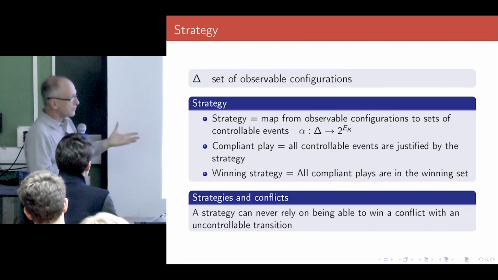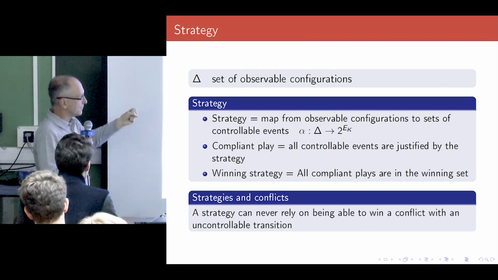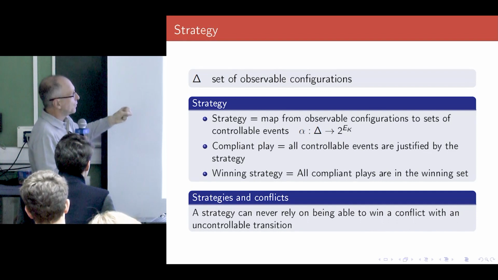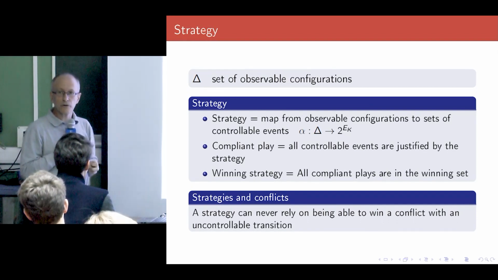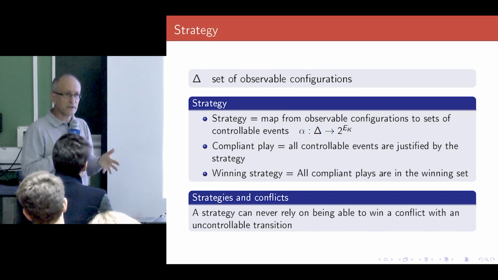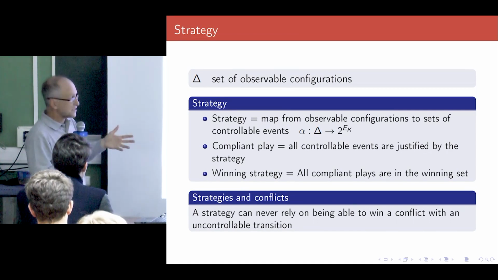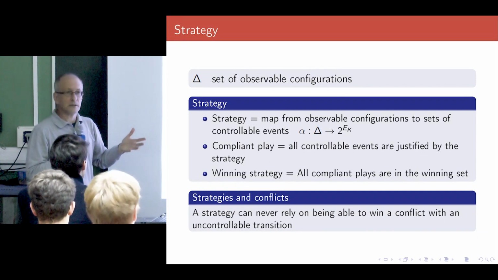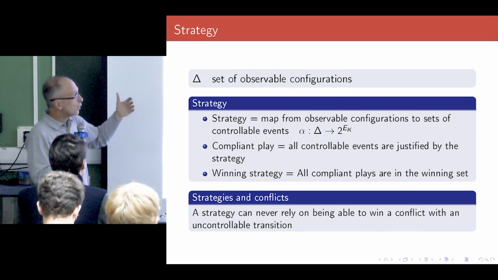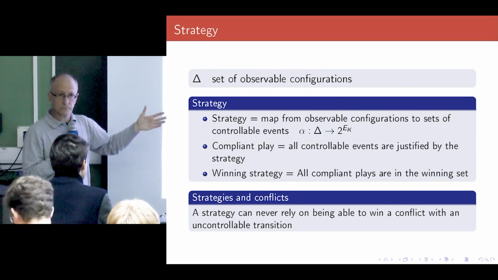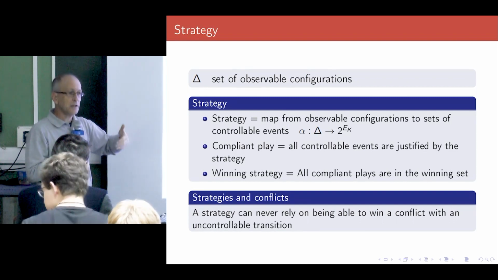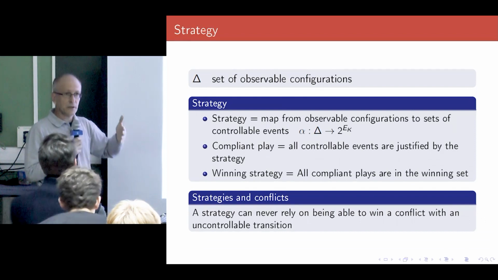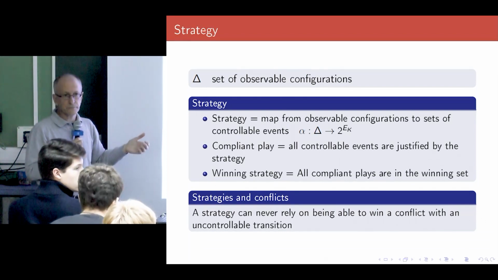And then when the player has defined a strategy, we can define whether this strategy is winning or not. To decide if the strategy is winning, we must look, at least implicitly, at all compliant plays, all possible plays that follow the strategy, and see if each of them is won by the player.